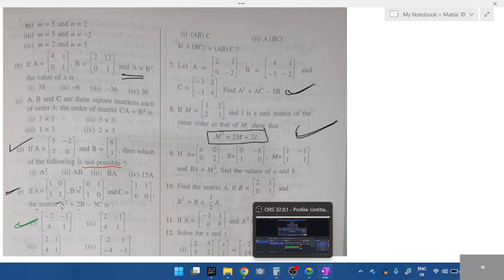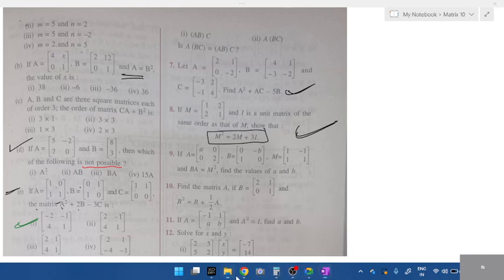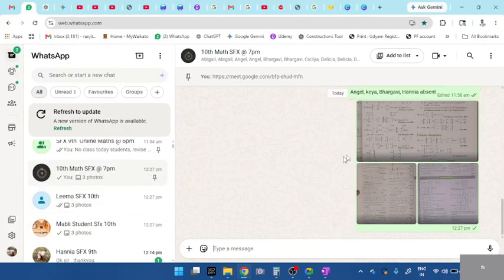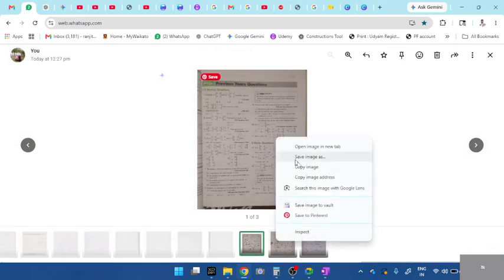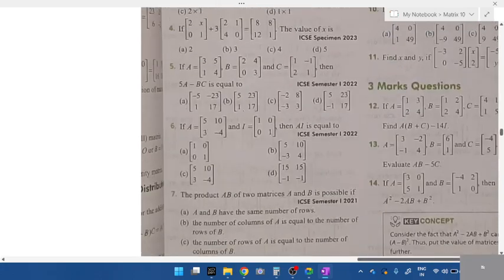Okay, all of you got the questions? Just check in the group, students. Did you all get? We'll start this on Monday. Or if you want, you can start solving, students.